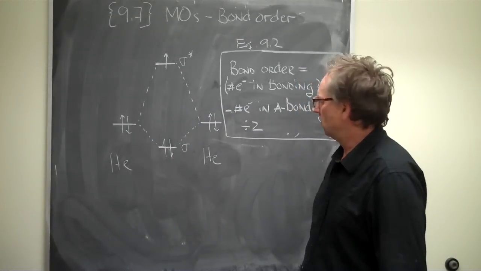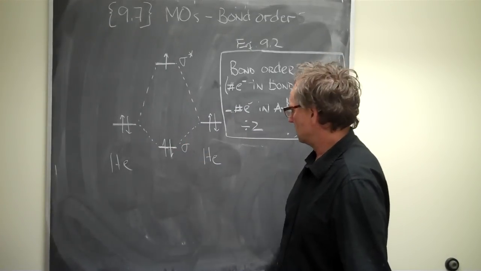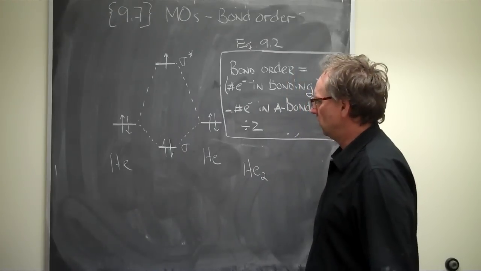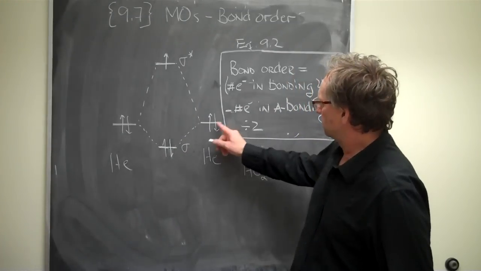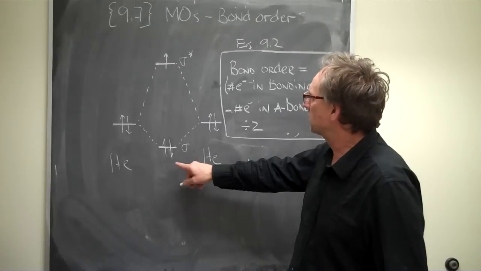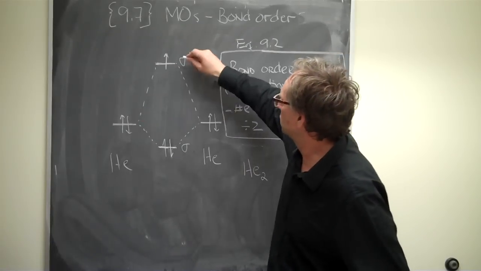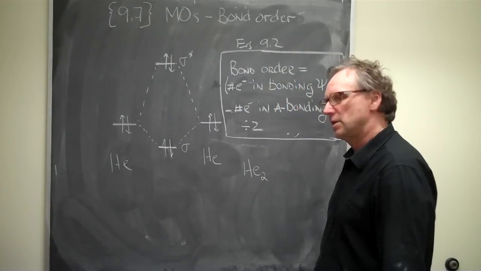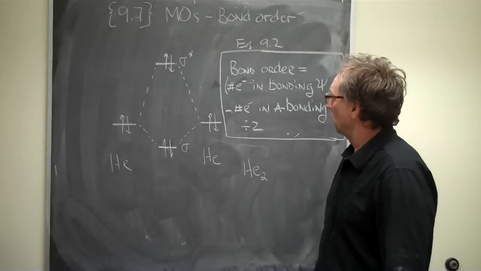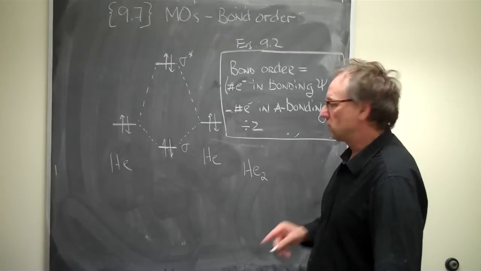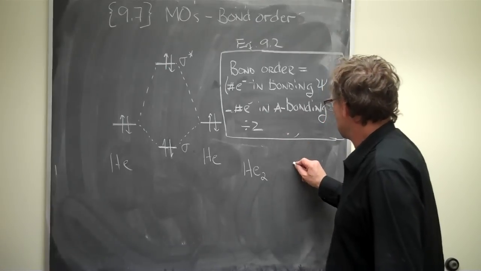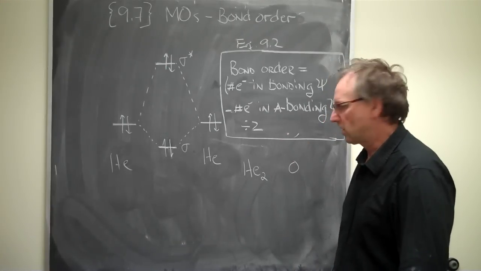And now I want to think about the possible molecule He2. Well, I've taken 2 of those electrons and put them downstairs, but I need to have 2 more electrons, so I have to put them upstairs there. So what's the bond order in He2? I've got 2 electrons in bonding orbitals, 2 electrons in anti-bonding orbitals. I get 0, so that means He2 has a bond order of 0.